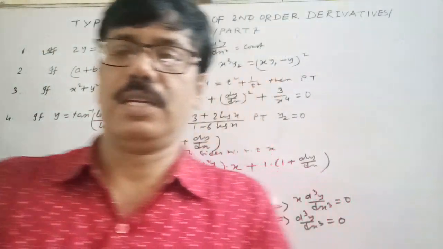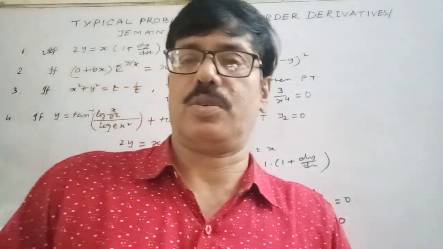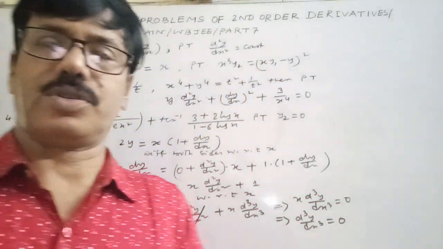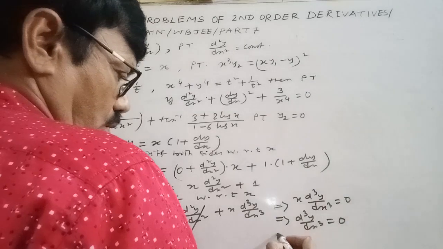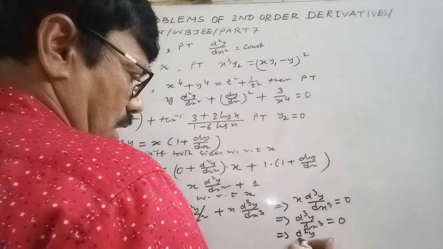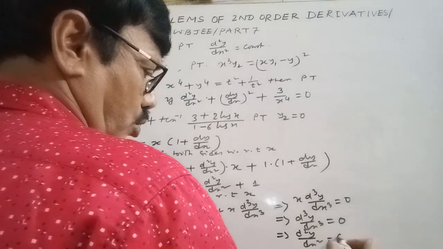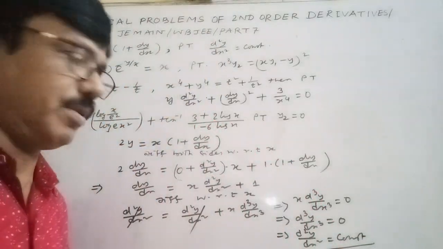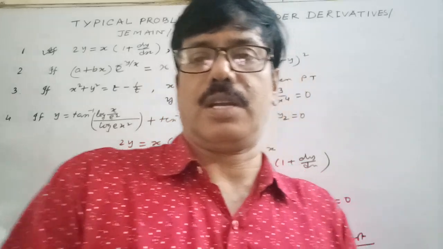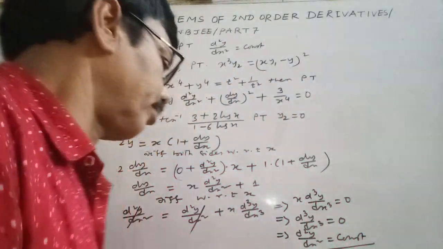Now we are getting the third order derivative as 0. You know the derivative of a constant function is 0. So we can write d2y/dx2 equals constant. So if the second order derivative is constant, then the third order derivative is 0.